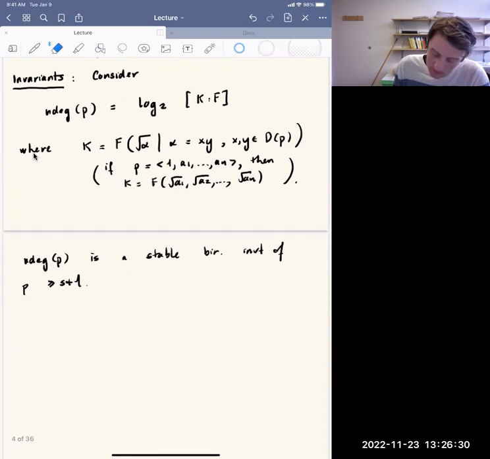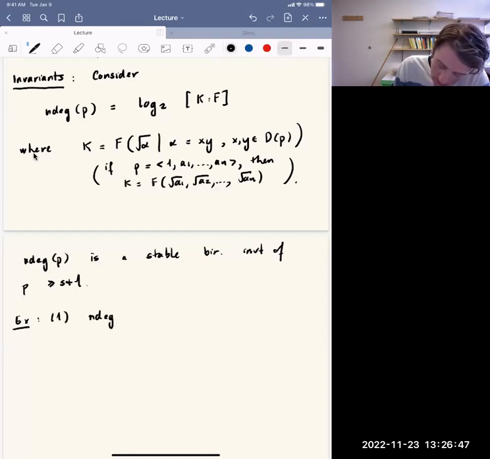And you can ask, when does it take the value s plus 1? In some sense, it should happen when this form P has the simplest stable birational type, and that's exactly what happens. So the norm degree of P is equal to the minimal value s plus 1 if and only if P is now a quasi-linear Pfister neighbor.